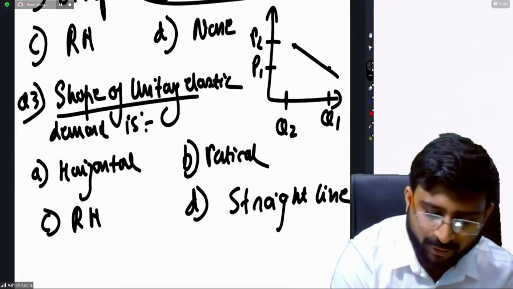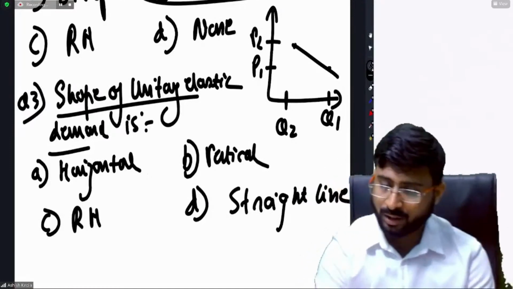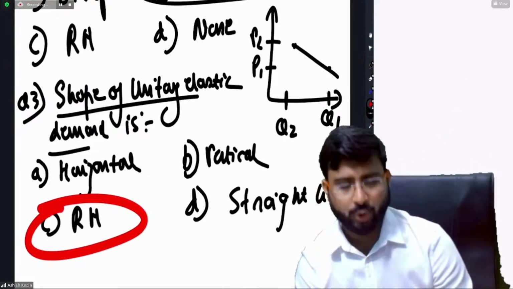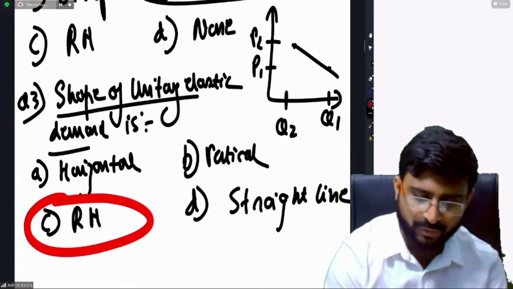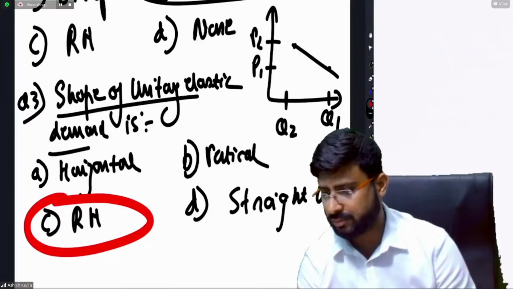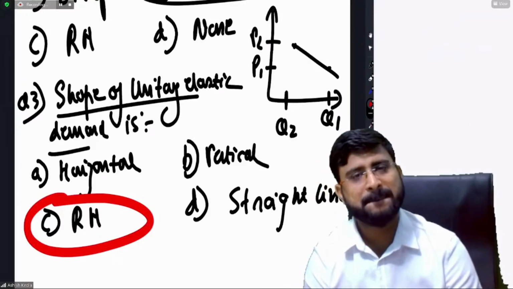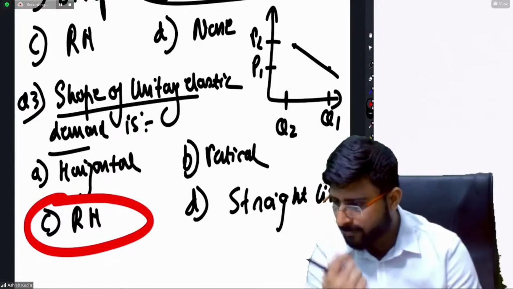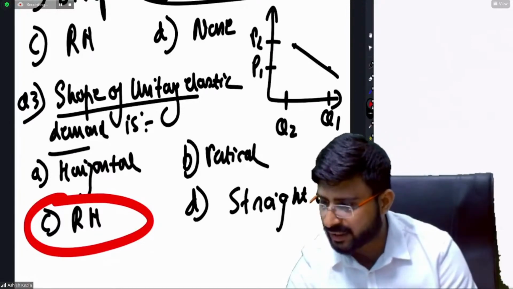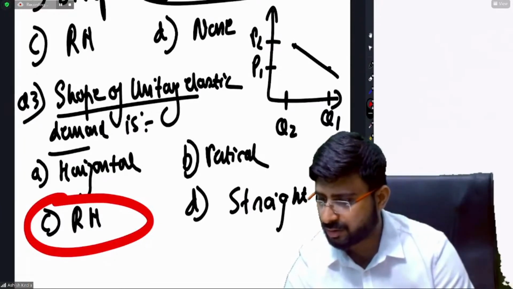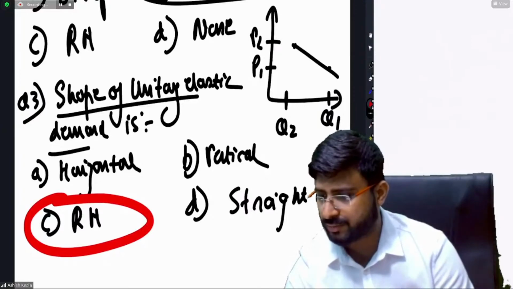Yes. So the shape of unitary elastic demand is rectangular hyperbola. You are correct. Very good, everyone. So Tushar, you had given the correct answer. Vidisha, good answer. Apurva, good answer. Kavya, good answer. Aniket, very good.